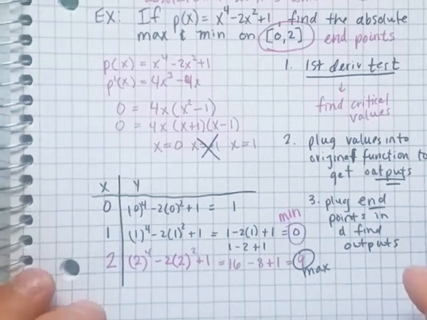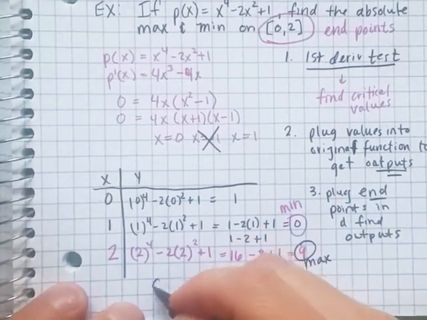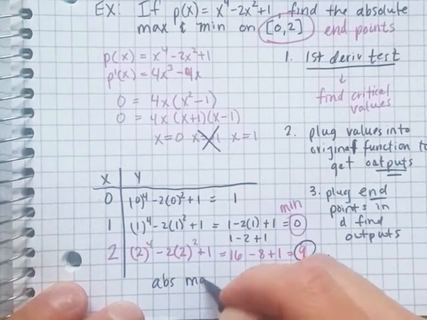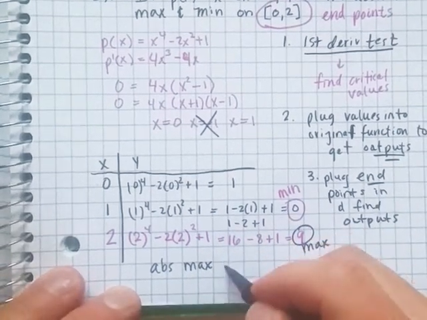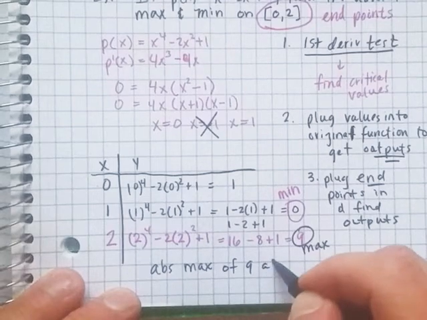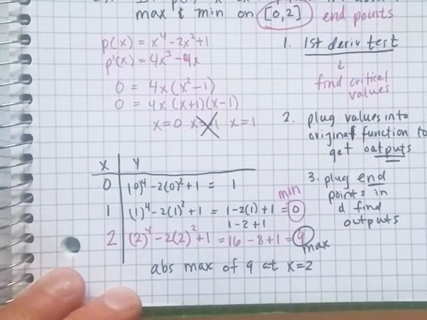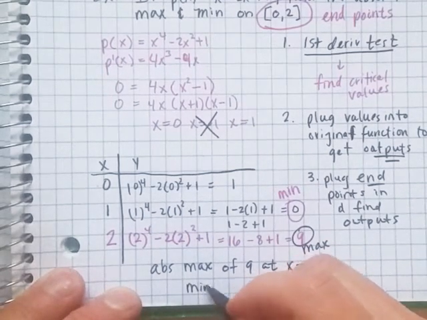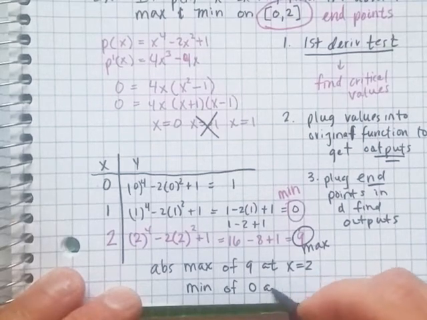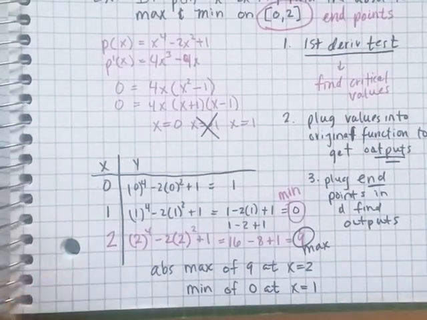So we're going to have an absolute max of 9 at x equals 2. And we're going to have an absolute min of 0 at x equals 1.